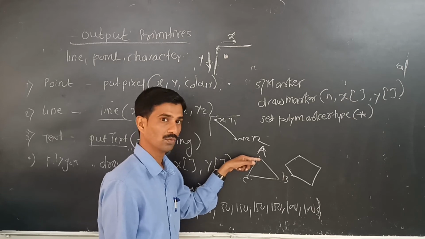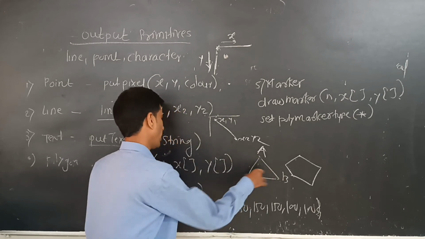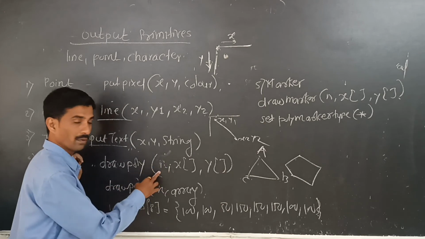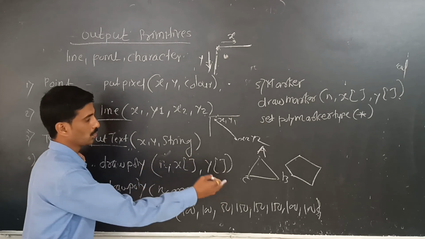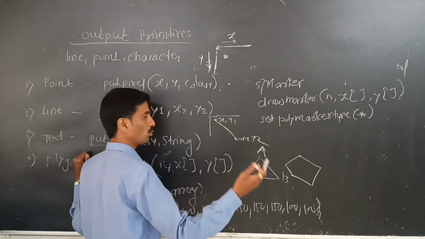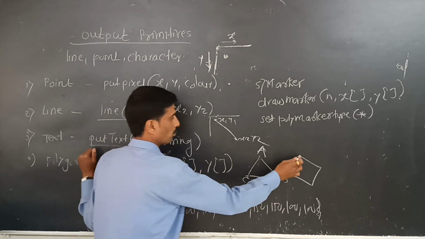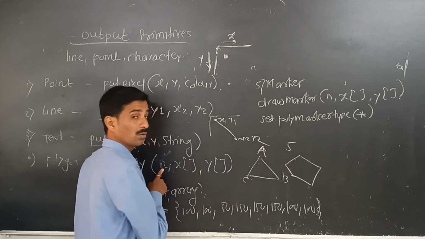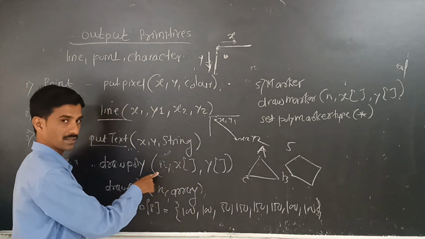The last point is the same as the first point. So we have to take n plus 1. If I want 3 points A, B, C, then you have to take 4. If I have 1, 2, 3, 4, 5 in this diagram, then you have to take n as 5 plus 1, 6.